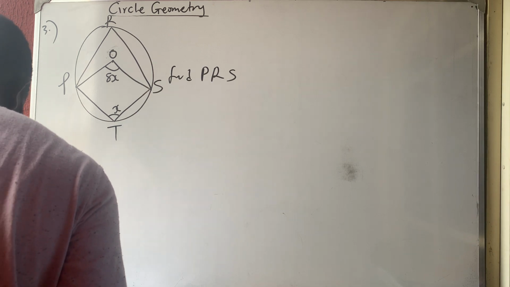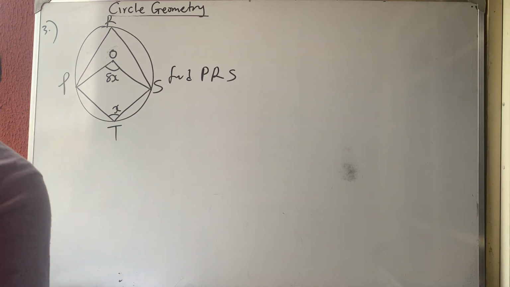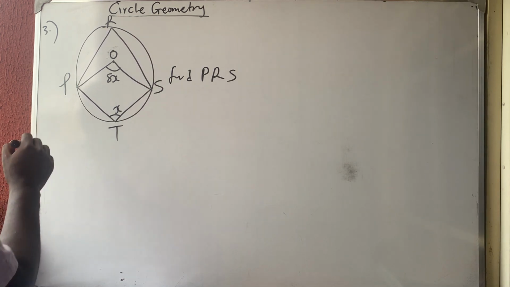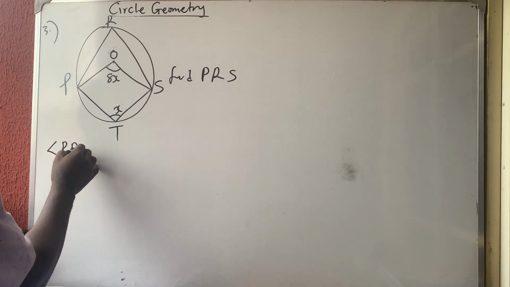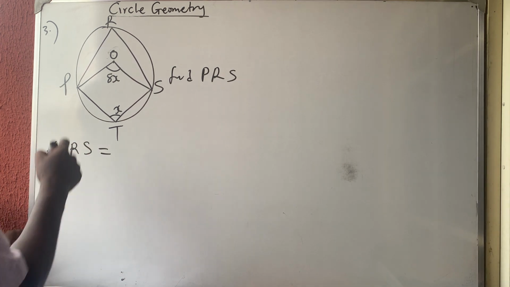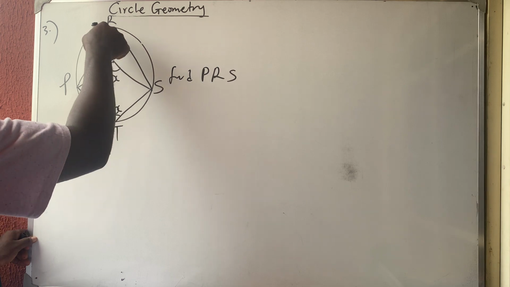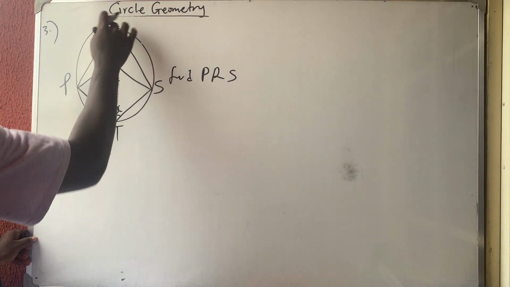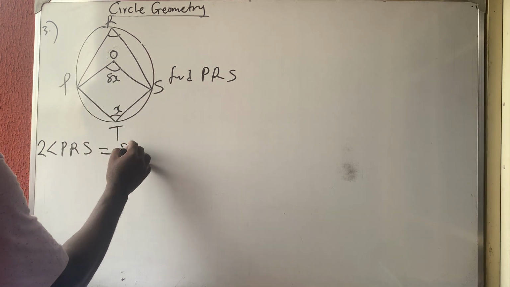So for us to get our PRS is very, very simple. First of all, we know that angle PRS is equal to what? Angle at the center, they are facing the center side. Angle at the center is twice angle at the circumference. So the one in the circumference times 2 is equal to the one in the center, 8x.